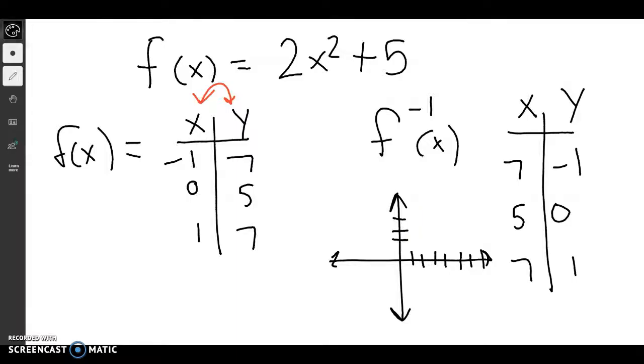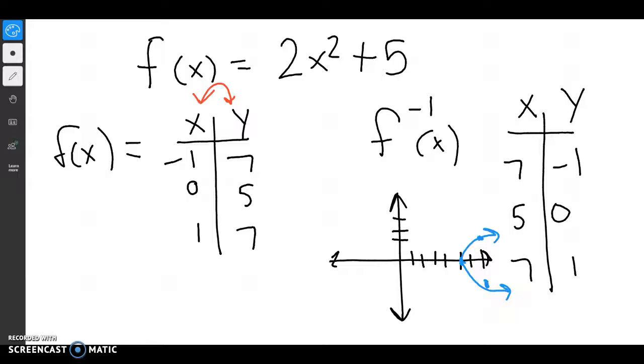So let's graph those points in blue. 5, 0 would be here. 7, 1 would be here. 7, negative 1 would be here.